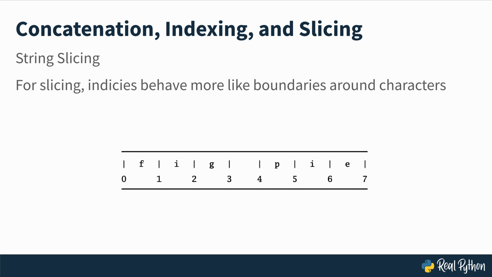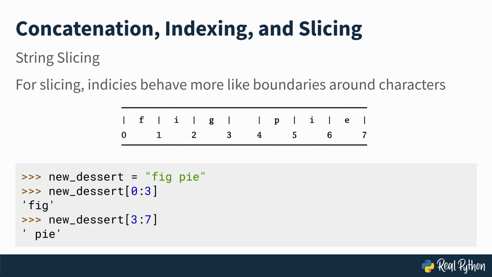So let's say we had a fig pie. You can see the boundaries starting there, where if you wanted to capture the flavor of that pie, fig, you would have 0 up to 3. So for fig pie, the slice of 0,3 returns the string fig, and the slice 3,7 would return the string of a space and the word pie.